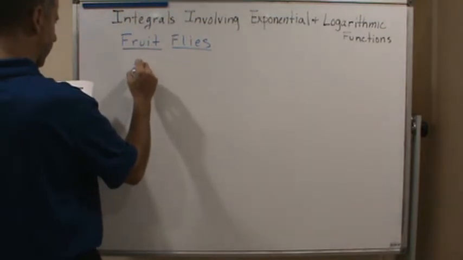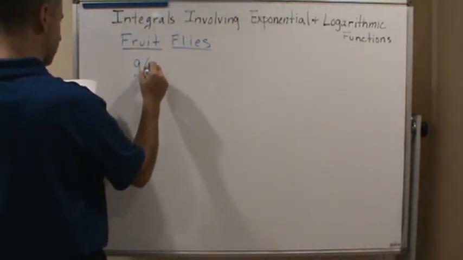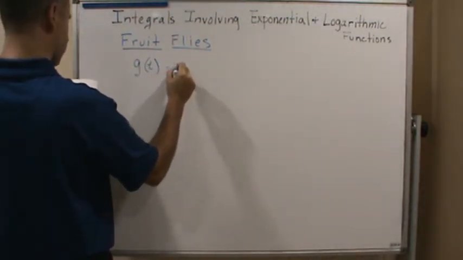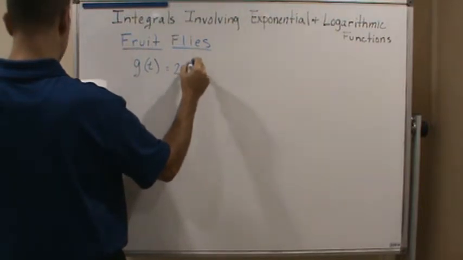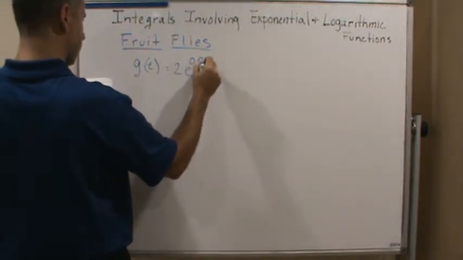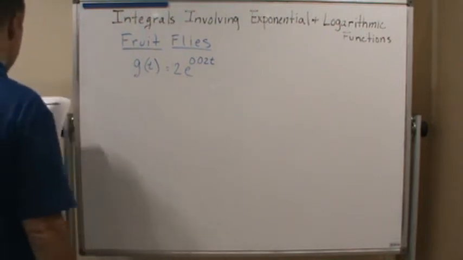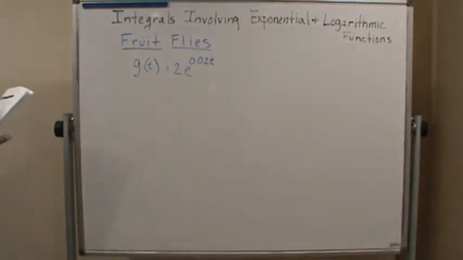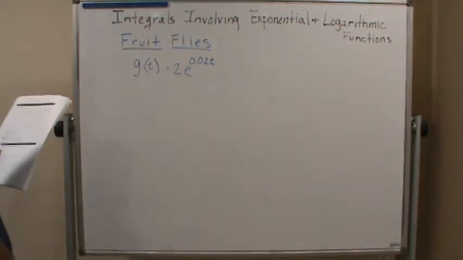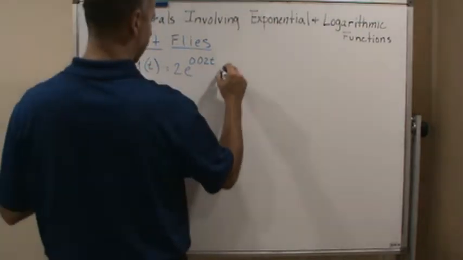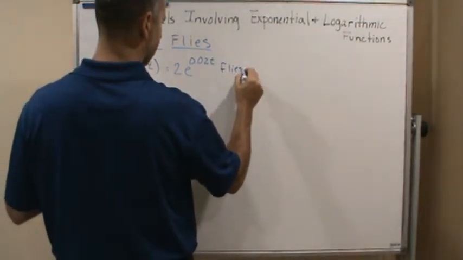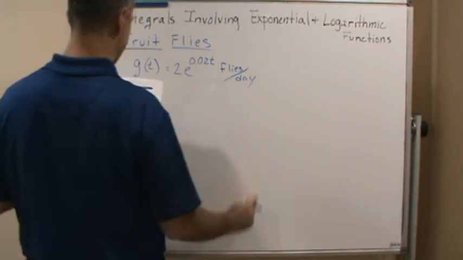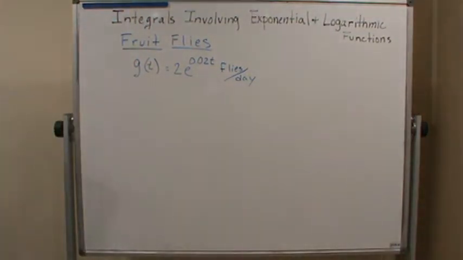Let's say the growth rate is g of t equals 2 times e to the 0.02t. That's the growth rate of fruit flies, and this is in flies per day. So we get the units.